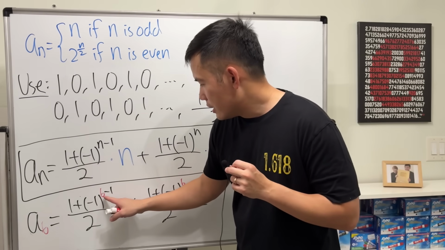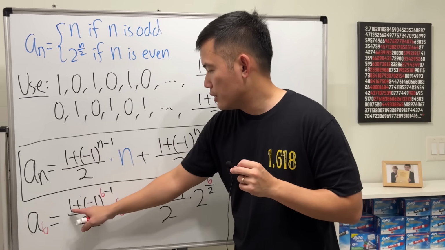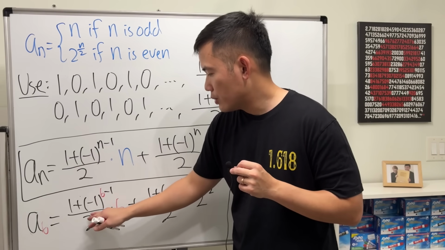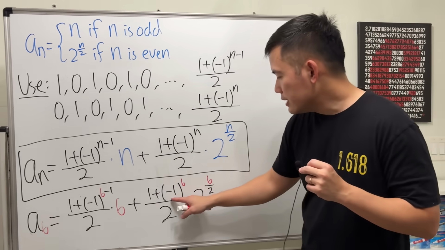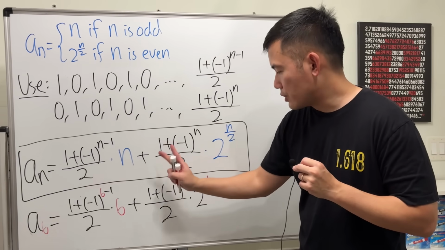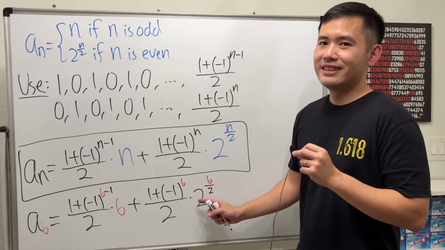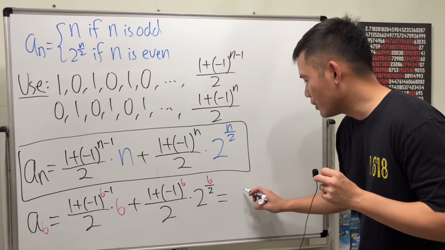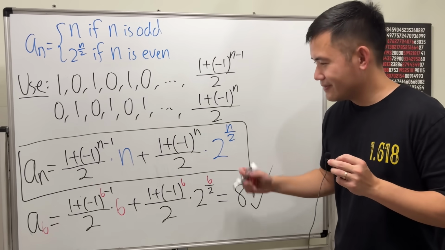Now you see that this exponent is going to be 5. Negative 1 to the 5 is negative 1. 1 minus 1 is 0 over 2 times 6. The first part is gone. And then for this part, negative 1 to the 6 power is 1. Plus 1 is 2. Divided by 2 is 1. So you really just have to work this out, and you will end up with just 8, which checks with what we got earlier. Just like that.